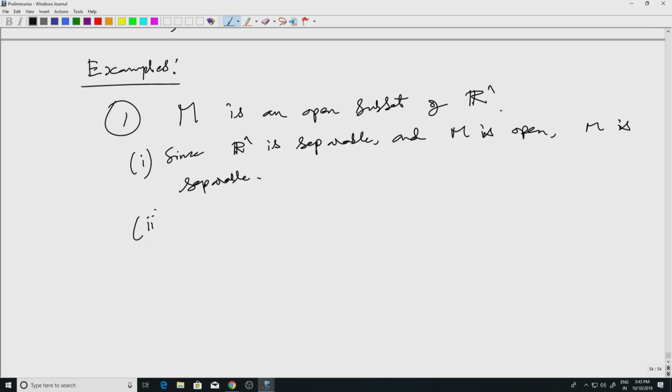Second one is that it is locally Euclidean of dimension n.